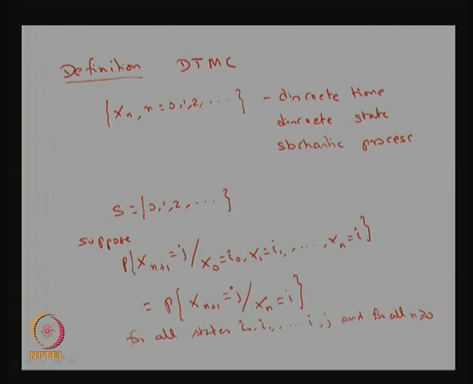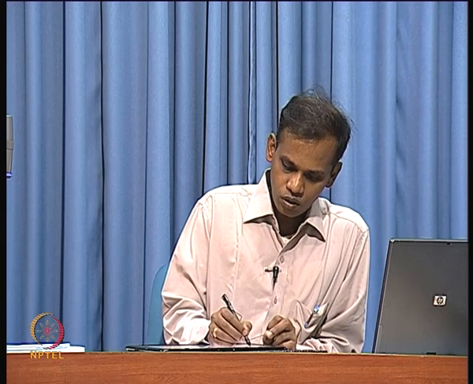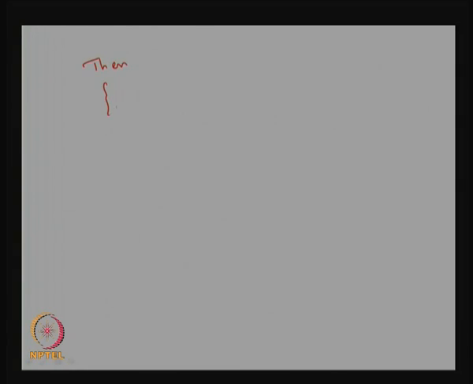Then we say this stochastic process X_n, taking n as 0, 1, 2 and so on, is the discrete time Markov chain. We can look at how the sample path looks for different values of n, with the y axis being X_n.